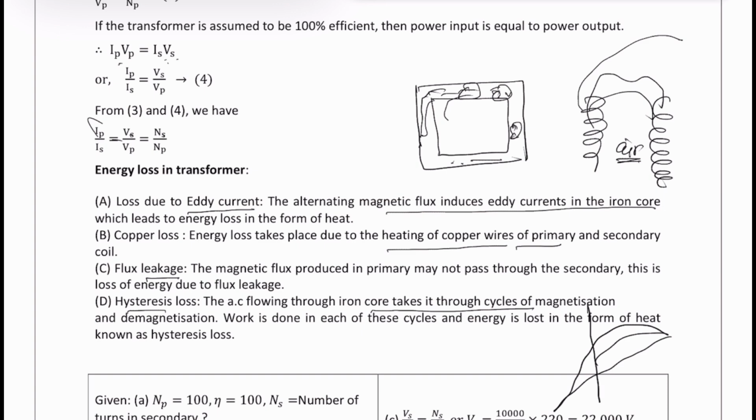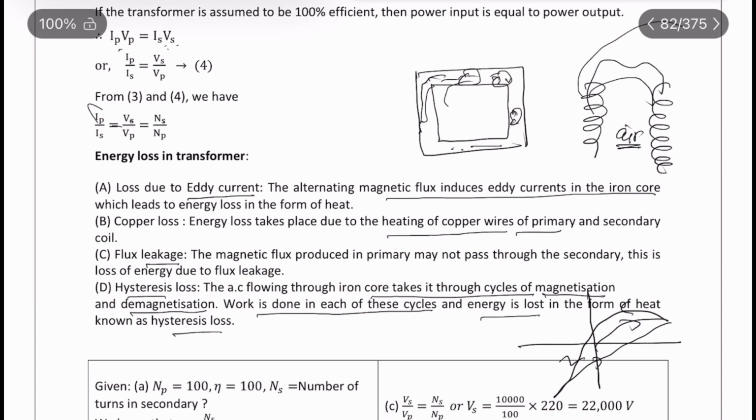So this is hysteresis loss. The area indicates how much energy will be consumed because of this loss. The process of magnetization happens and then the reverse process, demagnetization, happens. So the work done in each of these cycles causes energy loss. This is the hysteresis loss.